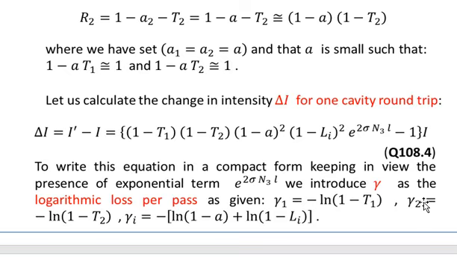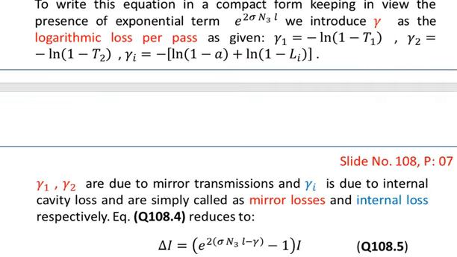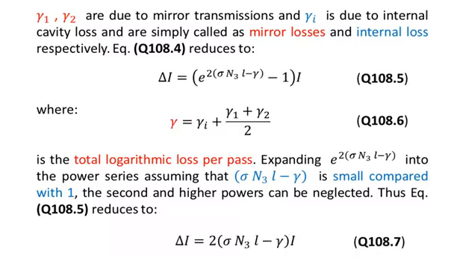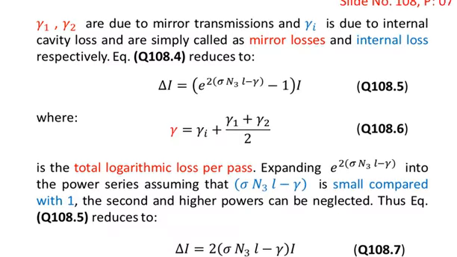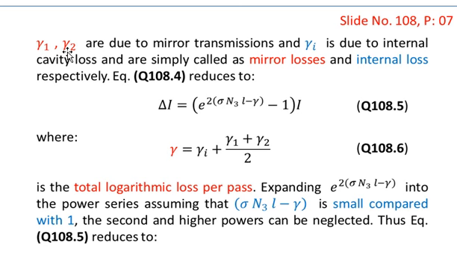So we have introduced gamma 1, gamma 2 and gamma I so that we can write equation number 4 in a simplified and compact form. We are now going to explain what gamma 1, gamma 2 and gamma I are. You see that gamma 1 and gamma 2 are logarithmic losses due to mirror transmissions, and gamma I is due to the internal cavity loss.